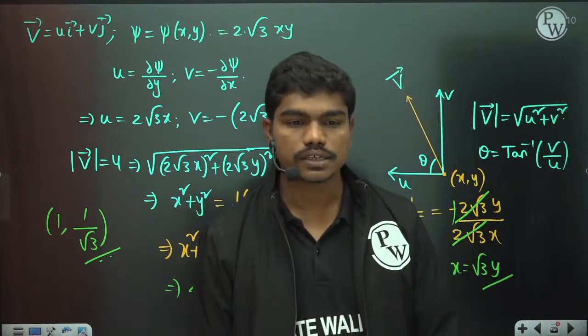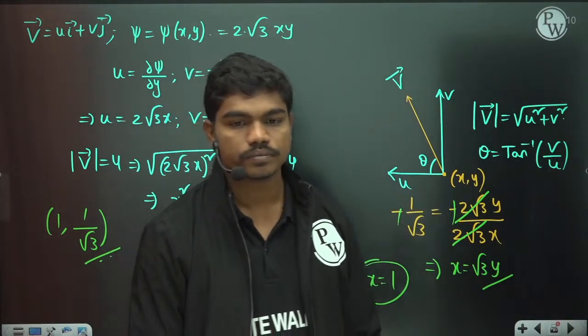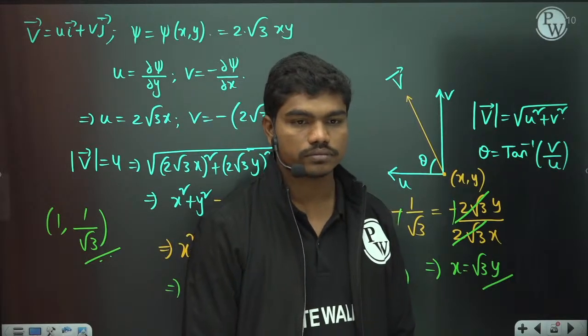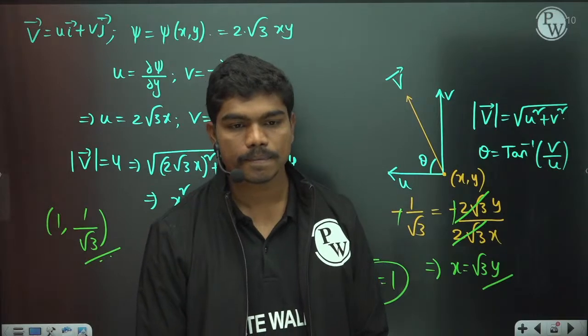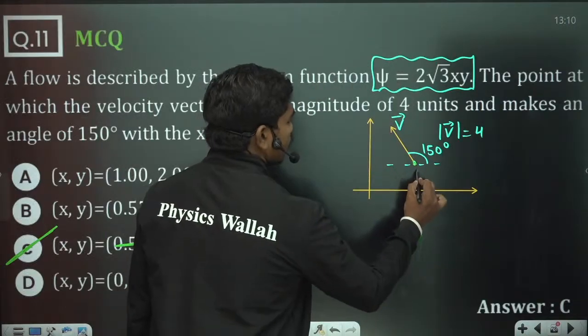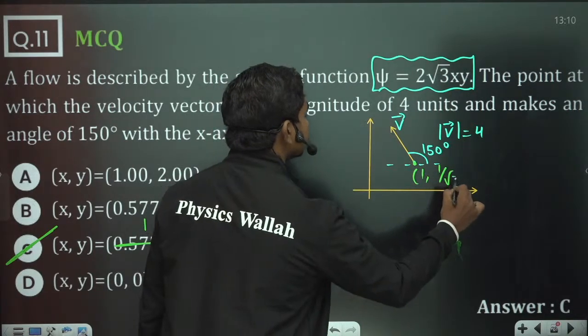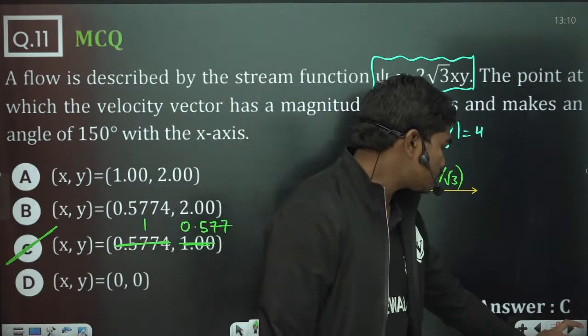So C is the correct answer. The coordinates have to be interchanged. The x coordinate is 1 and y coordinate is 1 by root 3. Fine, clear? So this point 1 comma 1 by root 3 is the point where this stream function has these velocity values. Clear?